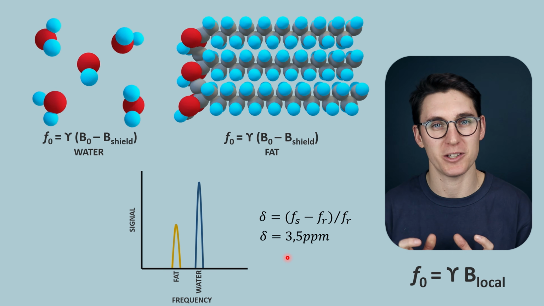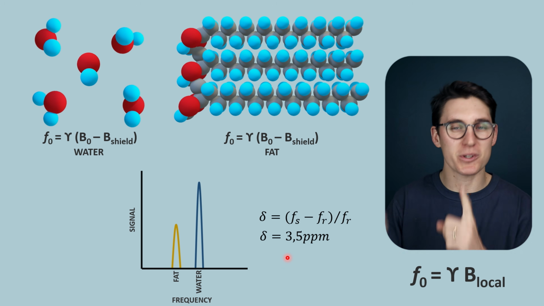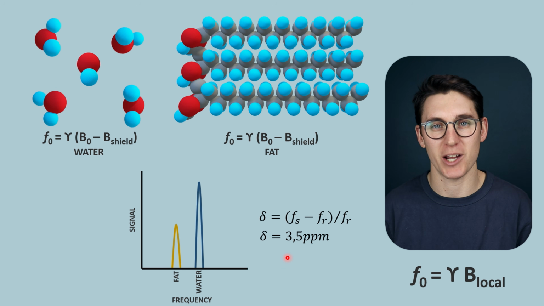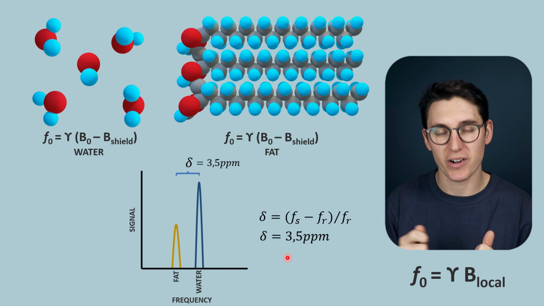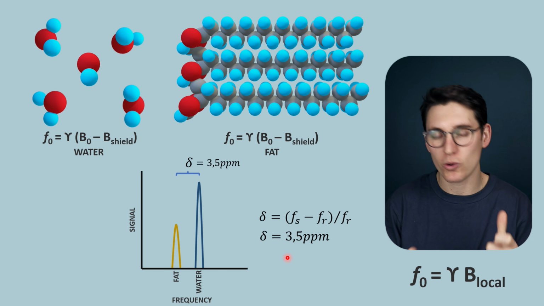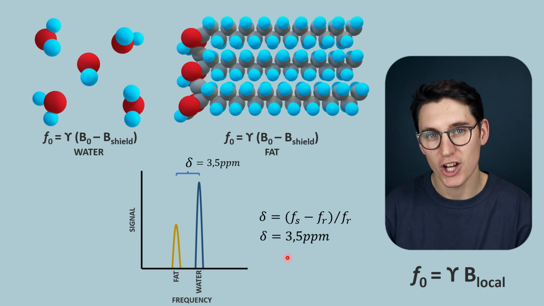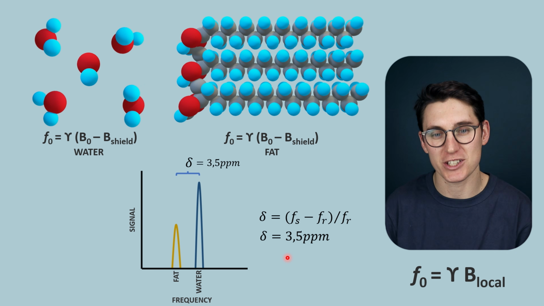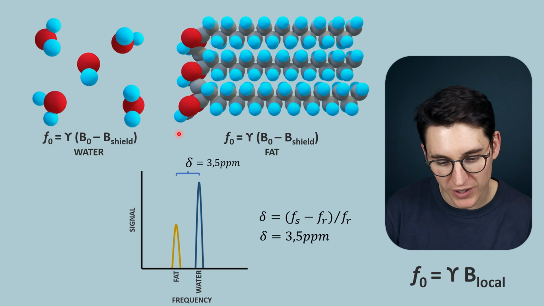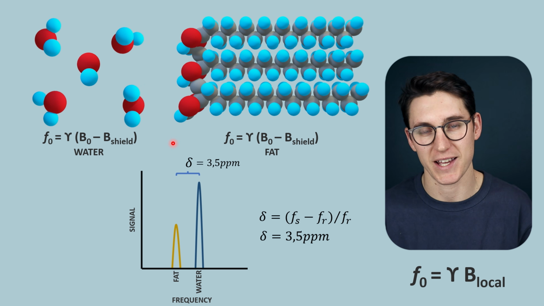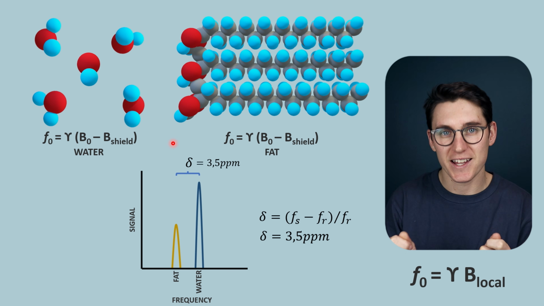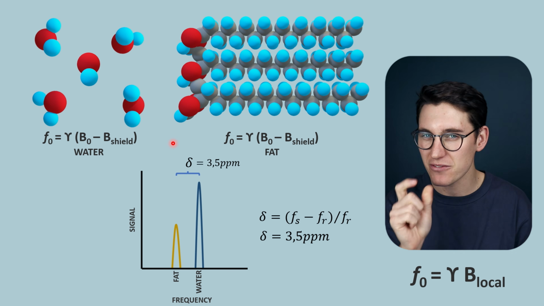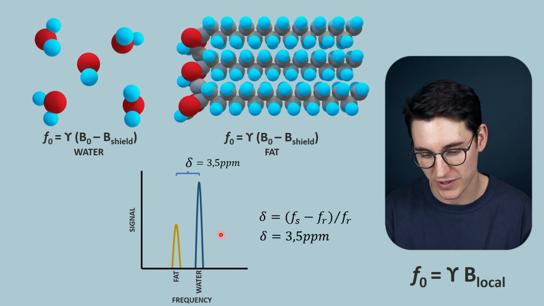Now, what does parts per million mean? Well, when we're talking about precessional frequencies within our MRI, we're generally talking about megahertz. We've seen that the gyromagnetic ratio of hydrogen atoms at 1 Tesla is about 42.5 megahertz. So for every million hertz, there's going to be a 3.5 hertz difference between water and fat. For every megahertz that these are precessing, there's going to be a 3.5 hertz difference, a very, very small difference between water and fat.